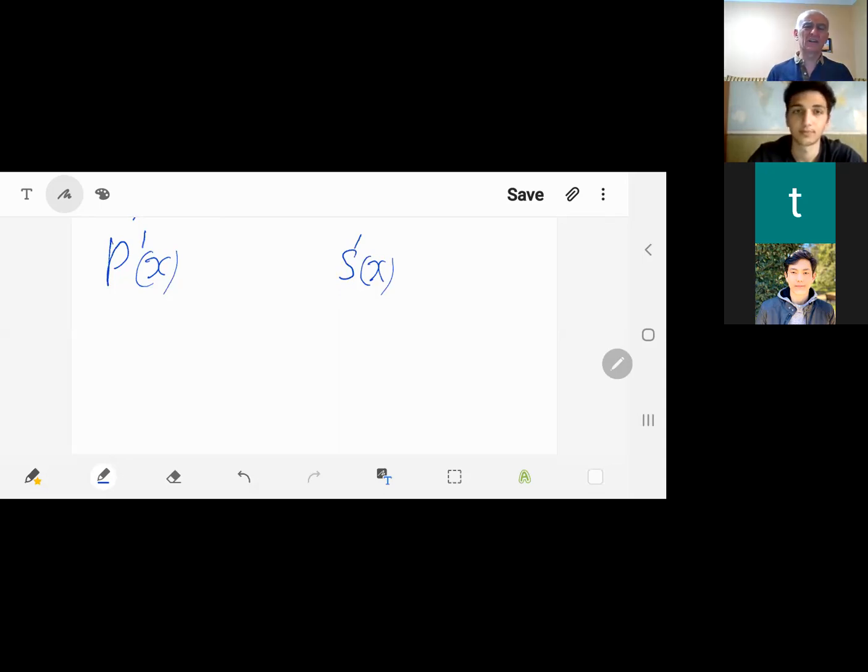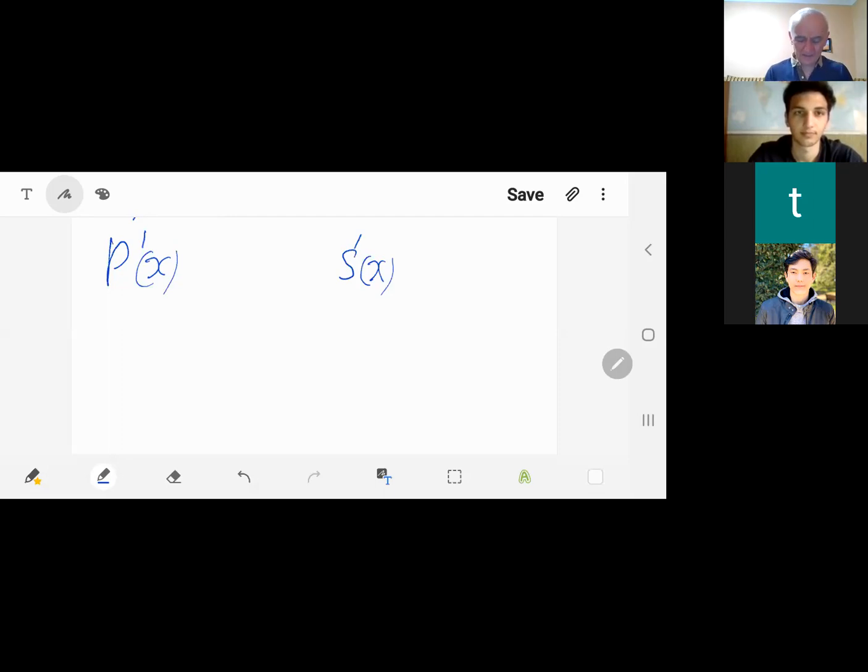In general, what is the derivative? Derivative is a rate of change. In the case of distance, the derivative of the function is just speed. It's velocity.